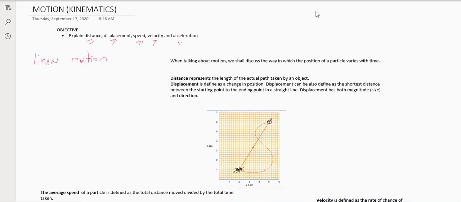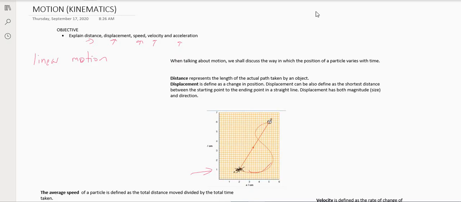So when we talk about motion, we shall discuss the way in which the position of a particle varies with time. All right. So let's start off by looking at this example here. Here we have a graph showing an ant that clearly is traveling some distance, right?